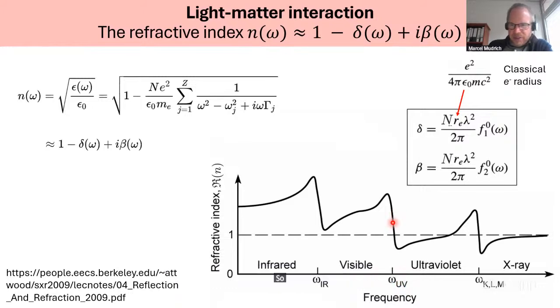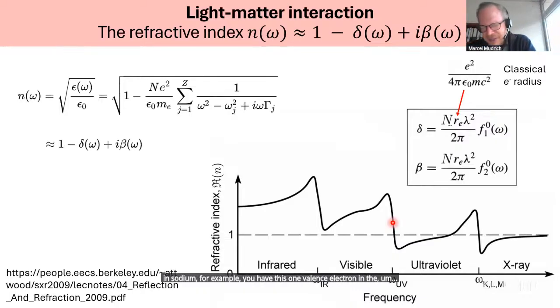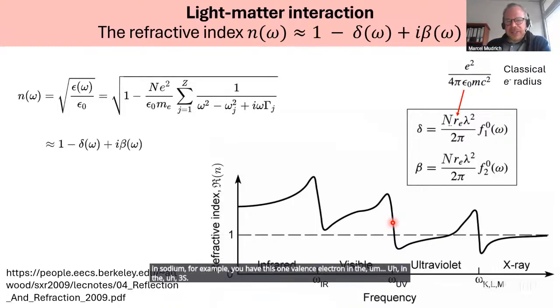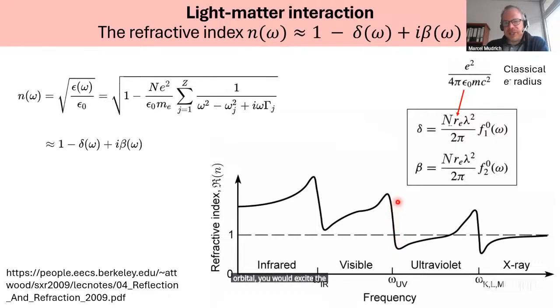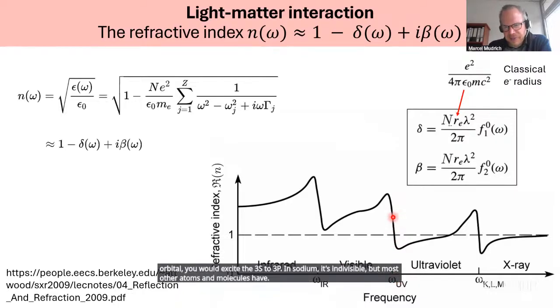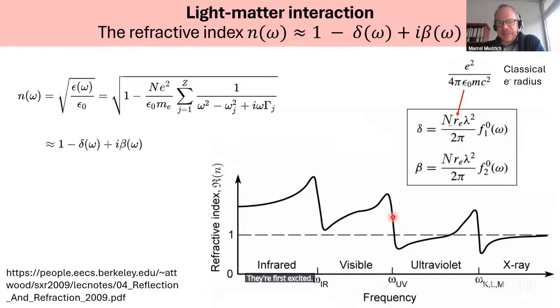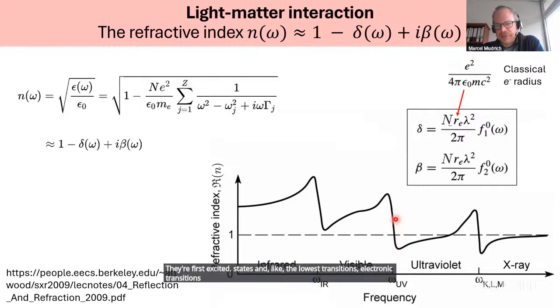For example, in sodium you have one valence electron in the 3s orbital, and you would excite the 3s to 3p. In sodium it's in the visible, but most other atoms and molecules have their lowest electronic transitions in the UV.